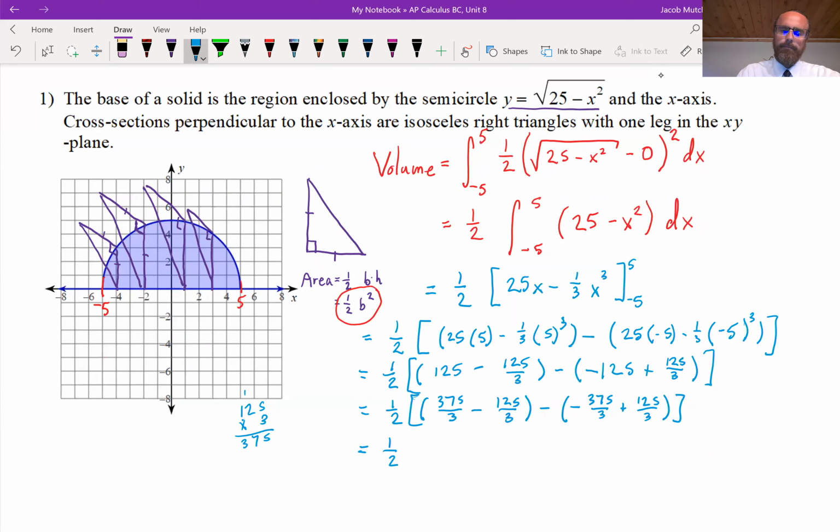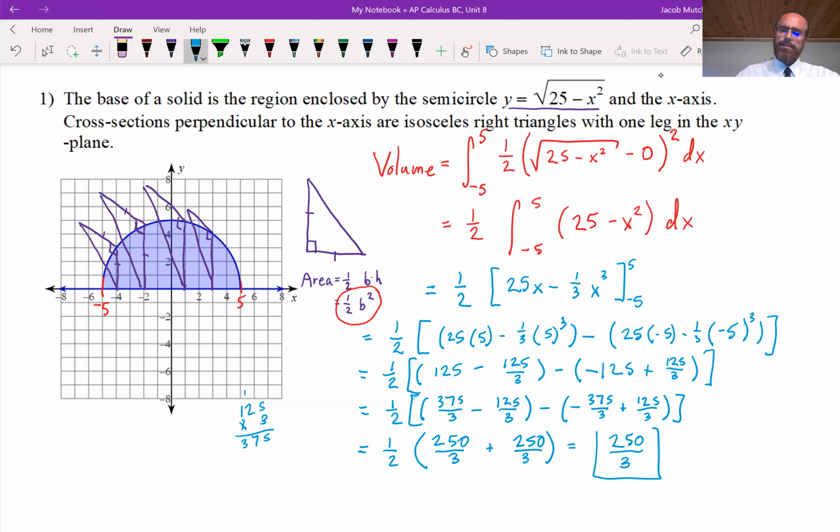Put the half, and then 375 thirds minus 125 thirds gives me 250 over 3, plus 250 over 3. Put my parentheses back, and basically I'm going to double 250 over 3 and then halve it, and what we'll have left is exactly that, 250 over 3.